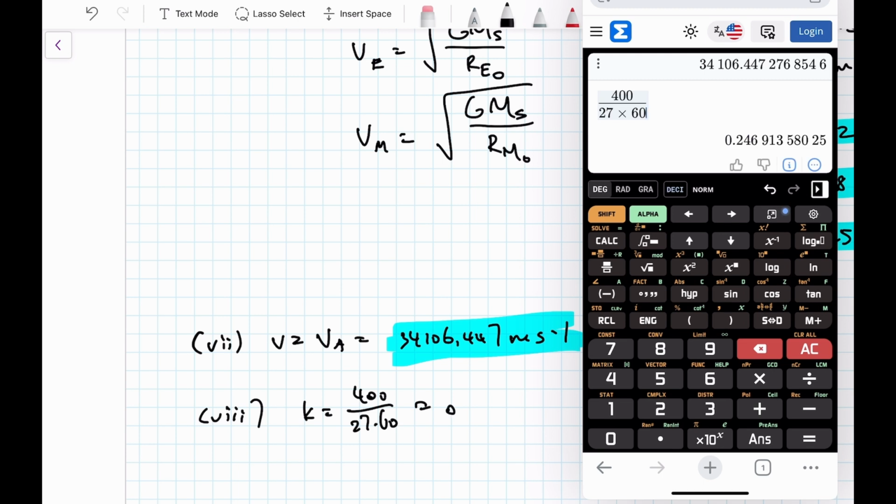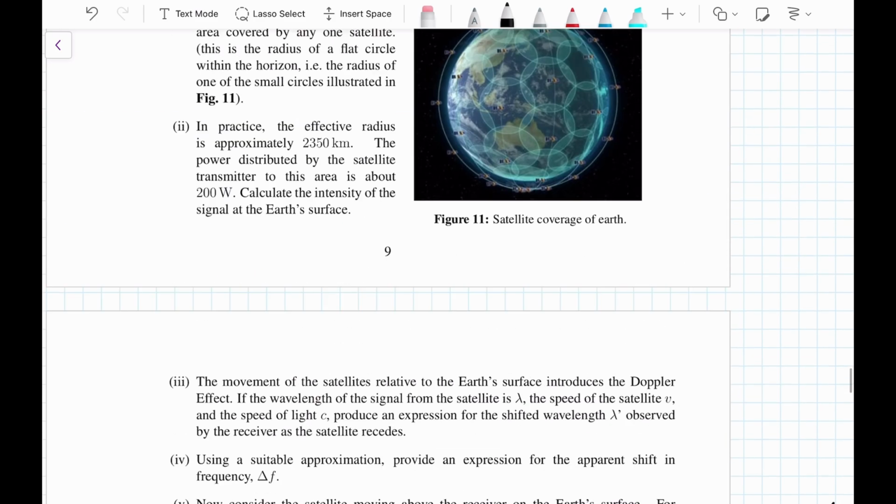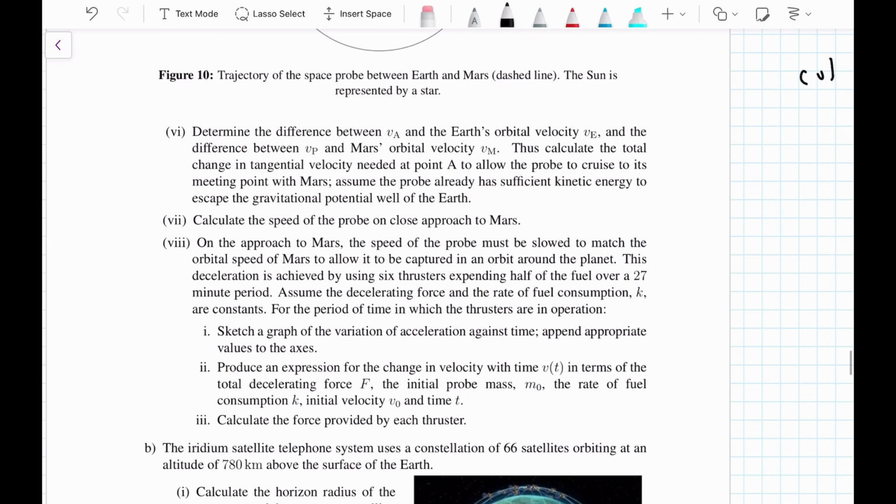Now that is 0.247 kilograms per second. And then what we want to calculate is, I suppose, the decelerating force. That will be one of the main variables. So we have the force, and essentially it will be dm/dt multiplied by the velocity at which it is ejected. Now, the velocity at which it is ejected isn't mentioned in the question.